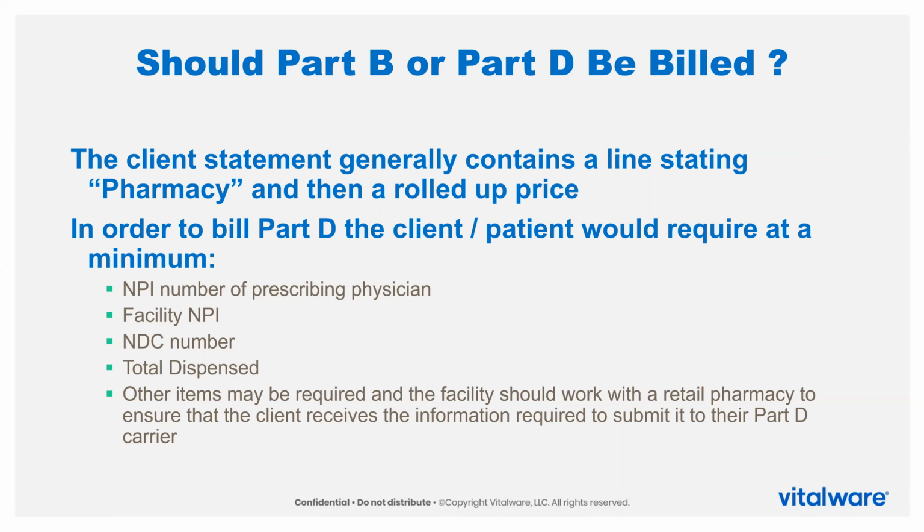So now your chargemaster has to make sure it has the NDC, it has the HCPCS, and your units dispensed. When you give the patient this for their itemized statement for Part D, you're going to have the NPI number of the prescribing physician, facility, and what have you. So this becomes an extra challenge, but a lot of hospitals do it because it adds to consumer satisfaction. On to the next one, Dusty.